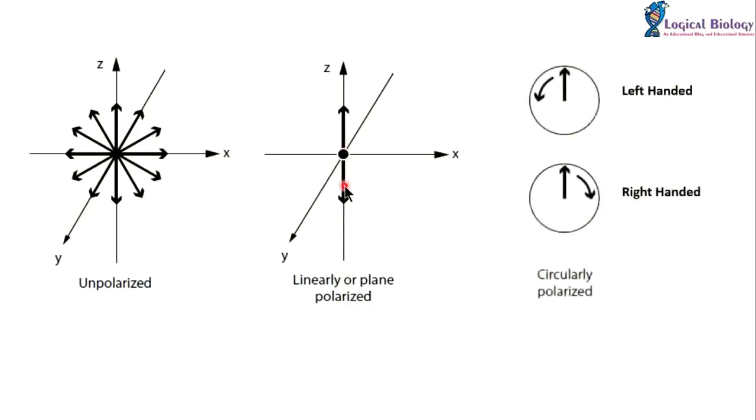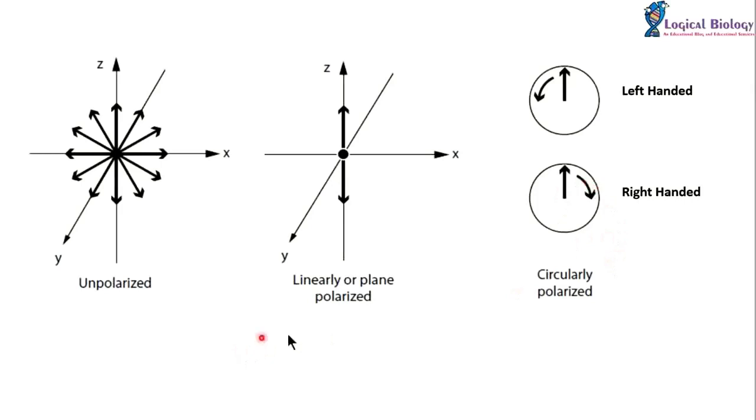And third, circularly polarized light, where the light makes circular path movements, and circularly polarized light has two components. One, left-handed circularly polarized light, where the direction is anti-clockwise, and right-handed circularly polarized light, where the direction is clockwise.